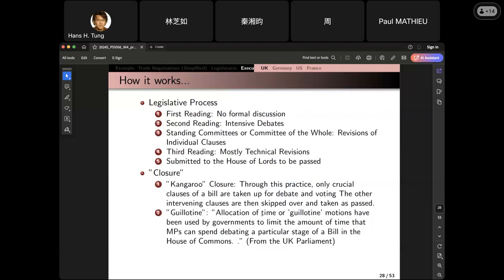This is a way to limit the debate time. This is actually from the UK Parliament website: the allocation of time, or guillotine motions, have been used by governments to limit the amount of time that MPs can spend debating a particular stage of a bill in the House of Commons.